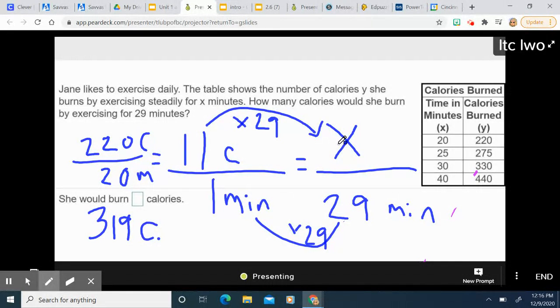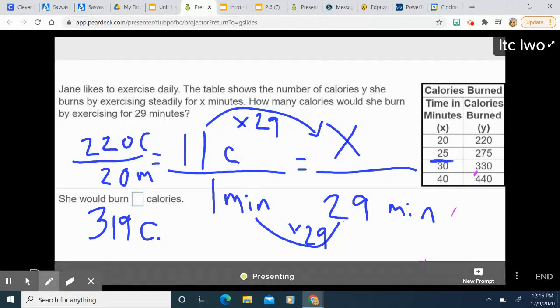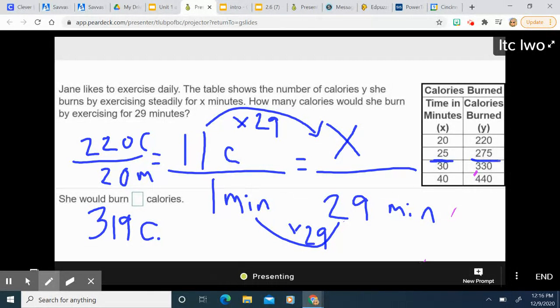And again, we could look at our table and see if that makes sense, because 29 minutes would be right here, almost to 30, and 319 calories is again almost to 330. So yeah, that makes sense. So if you got something like 500, well, we know that wouldn't make sense because in 29 minutes, she couldn't have burned 500 calories because in 40 minutes, she only burned 440. So just using that logical reason.